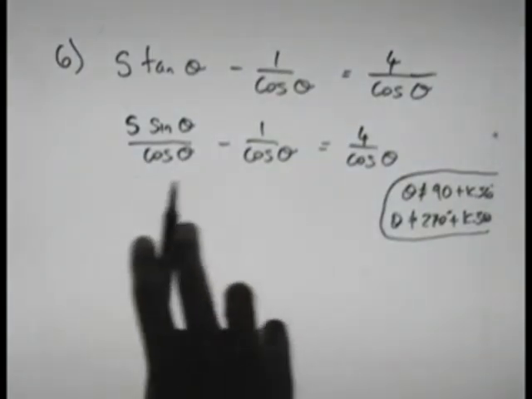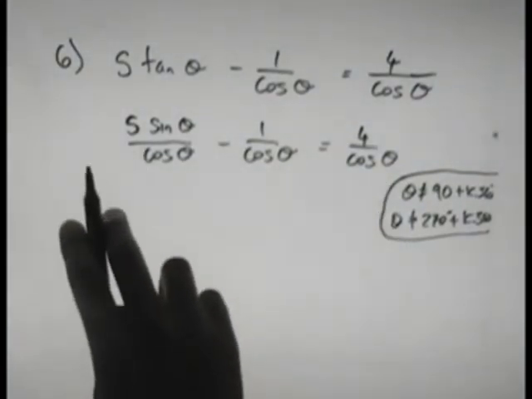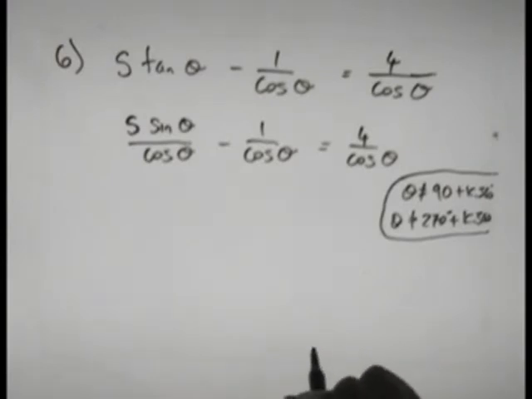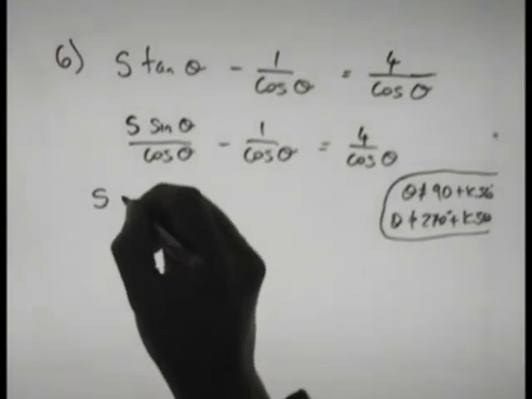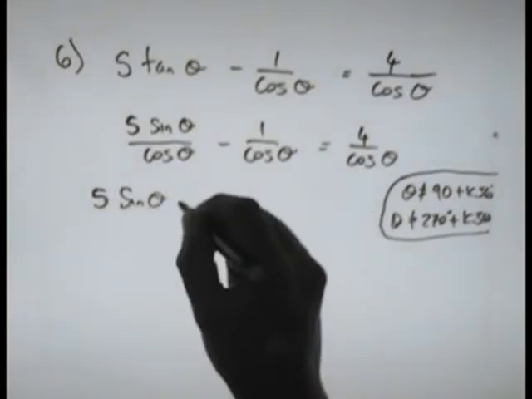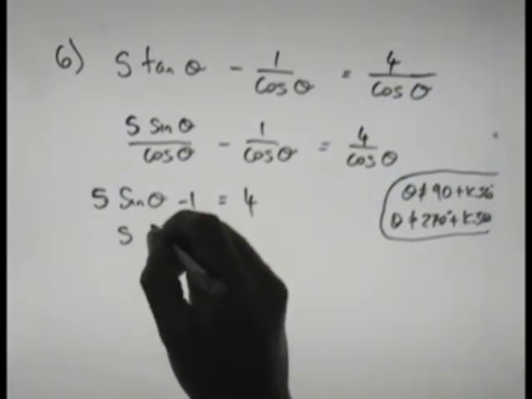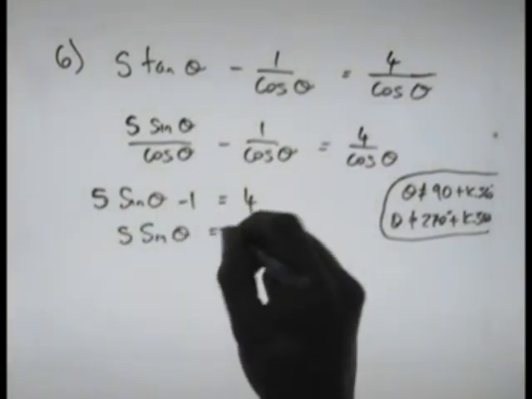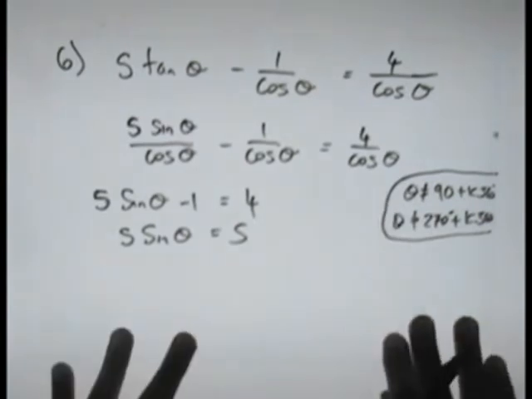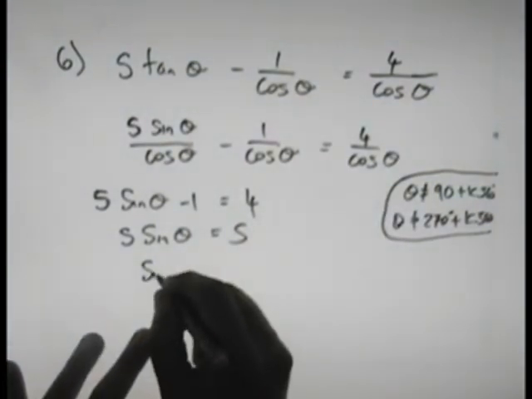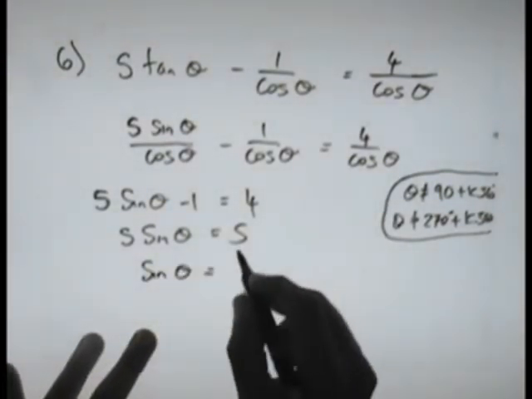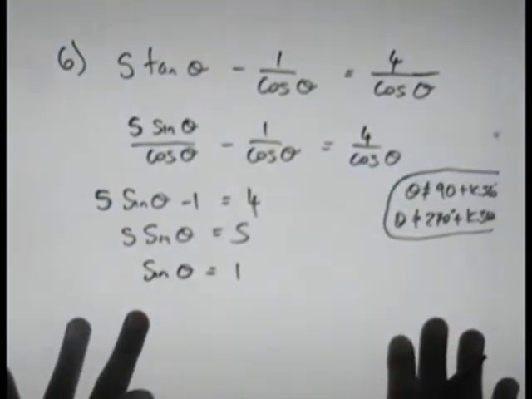Now, I can get rid of my denominators by multiplying everything by cos theta over 1. That means that this will read 5 times sine theta minus 1 is equal to 4. That means that 5 sine theta is equal to 4 plus 1, which is 5. That means that sine theta is equal to 5 over 5, which is 1.